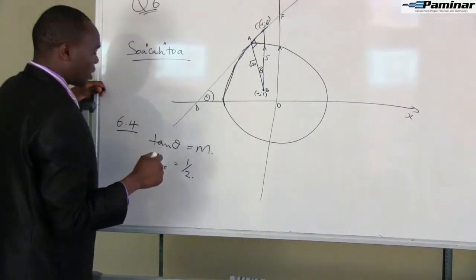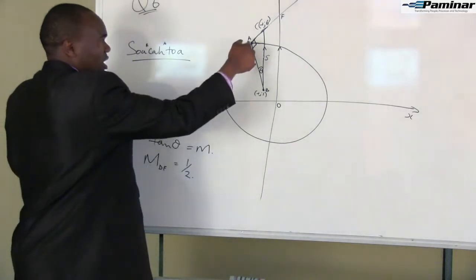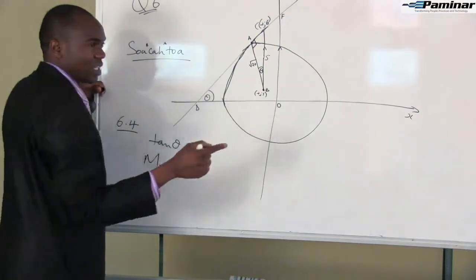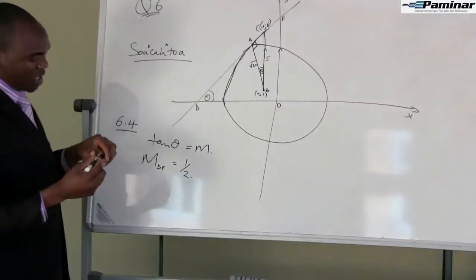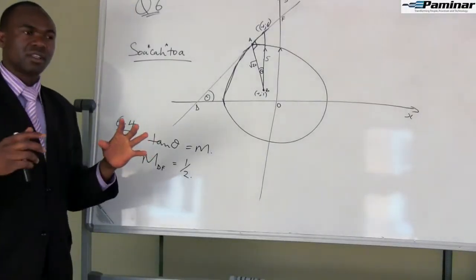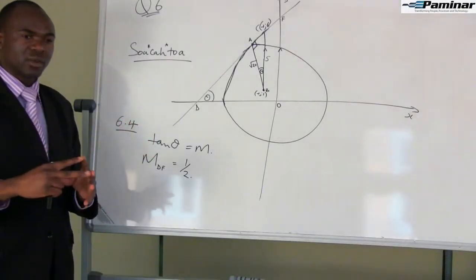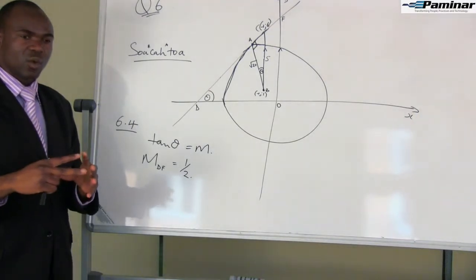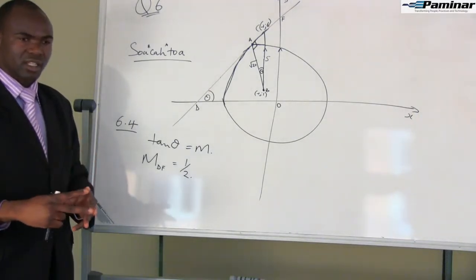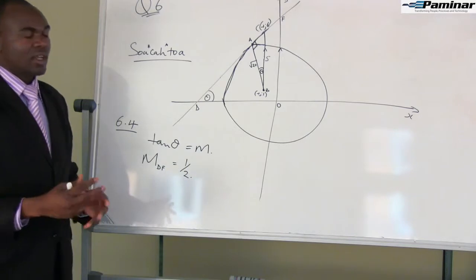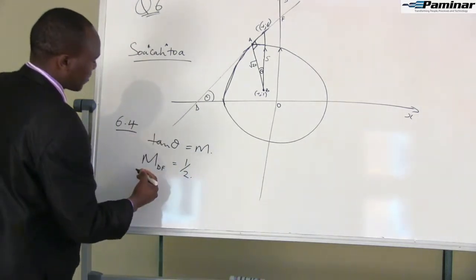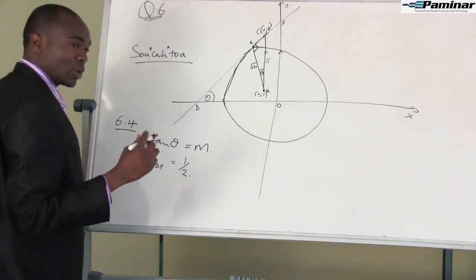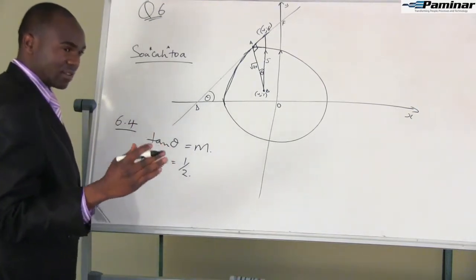But now the question wants you to show that the gradient of AB is minus 2. Remember we said they are perpendicular. What is the relationship between the gradients of perpendicular lines? The product of their gradients gives negative 1.